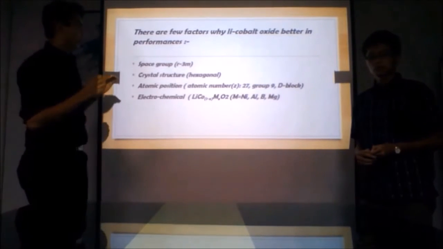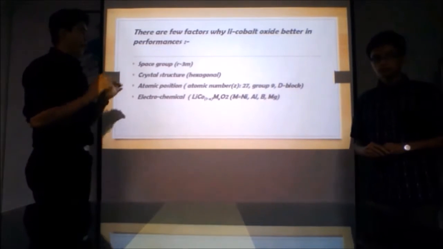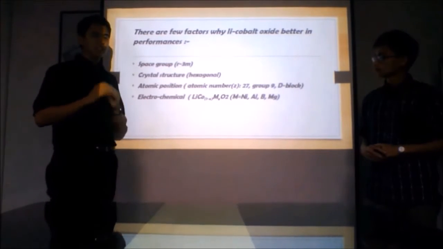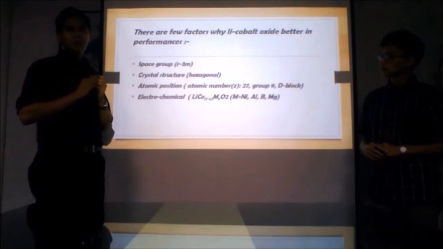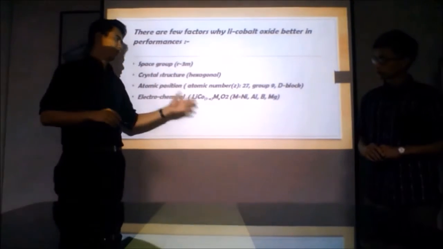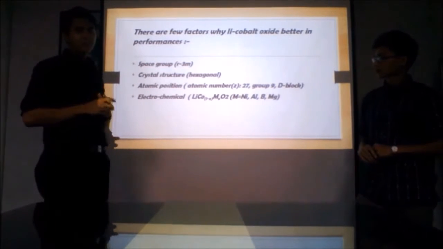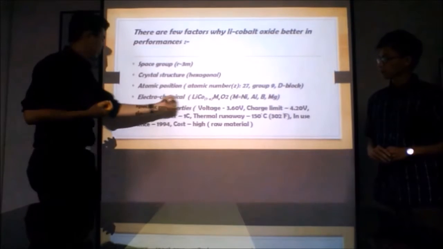Proceeding to the electrochemical properties, when another material reacts with it, it changes significantly, with a great result. Materials such as nickel, aluminium, barium and magnesium might have the biggest impact on the empirical formula.